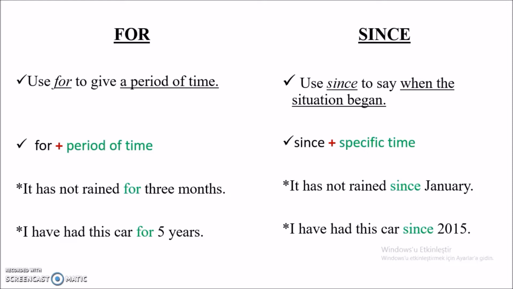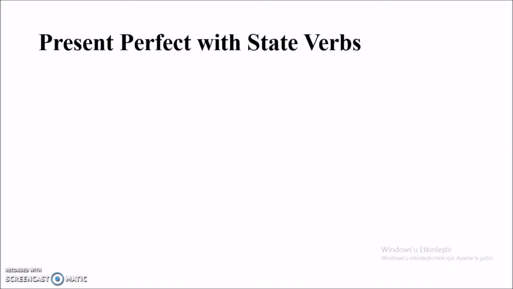Or the situation of having a car started in 2015. So this is the main difference between for and since. After for, you are giving the period of time. After since, you are giving the time that this situation began.